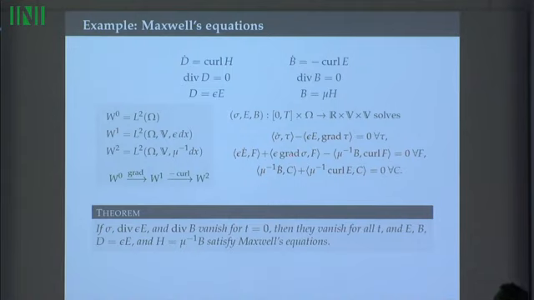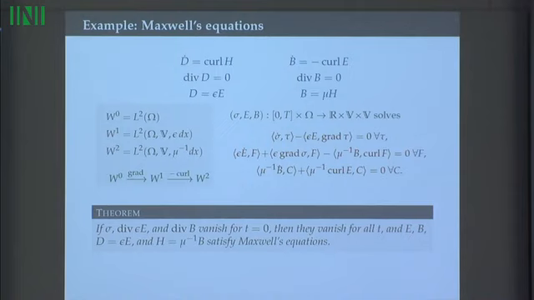So this term will turn out to be 0, and it says epsilon E dot is, well, in a weak sense, we integrate this curl by parts, and we get curl mu inverse B. So this is the equation D dot equals curl H. Mu inverse B is H. And then the last equation is mu inverse B dot is mu inverse curl E, which is the same as B dot is minus curl E, which is the other Maxwell's equations.